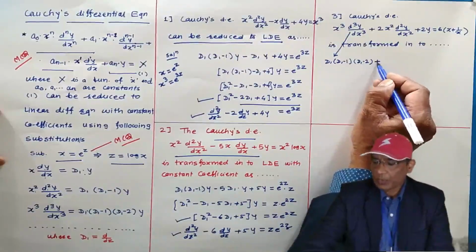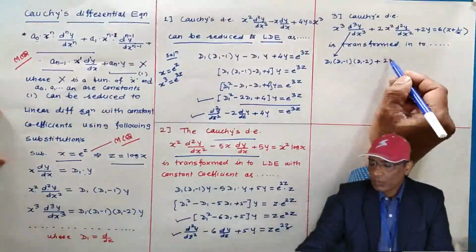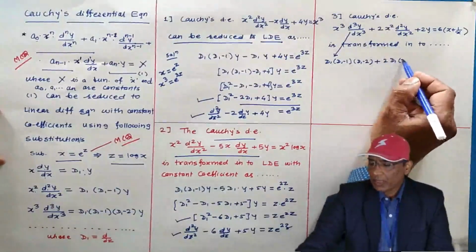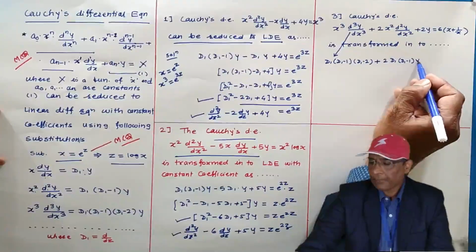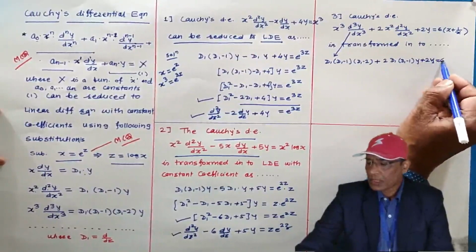Remember, as far as Cauchy's differential equation is concerned, x square d2y by dx square is D1(D1 minus 1)y, and then 2y, 6.